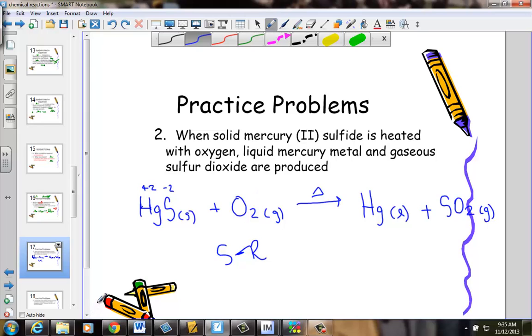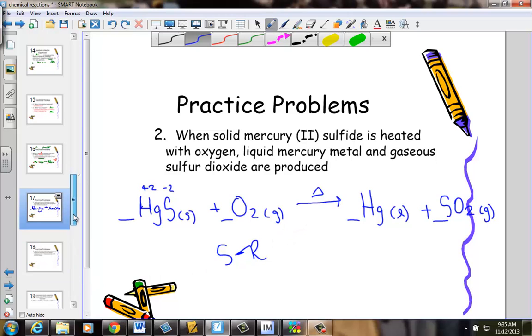We have a skeleton, although as I look at this one, this skeleton came out balanced. 1 Hg, perfect. 1 S on both sides, perfect. And 2 O's on both sides. When our chemical equation is a skeleton and it's balanced, all the coefficients ended up to be 1s.